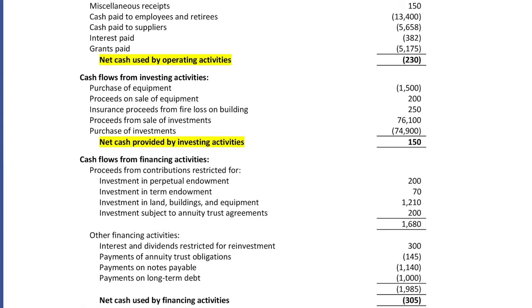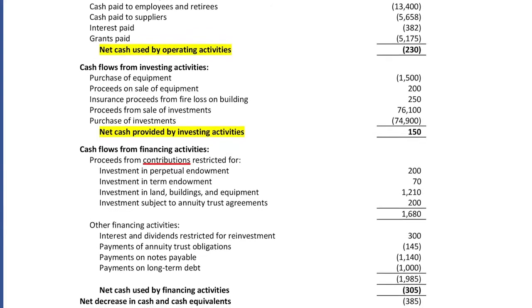And then we've got the cash flows from financing activities, which includes the proceeds from underlying contributions received for, look at this, investment in perpetual endowment. So that's forever. Investment in term endowment, investment in land, buildings, and equipment, investments subject to annuity trust agreements.